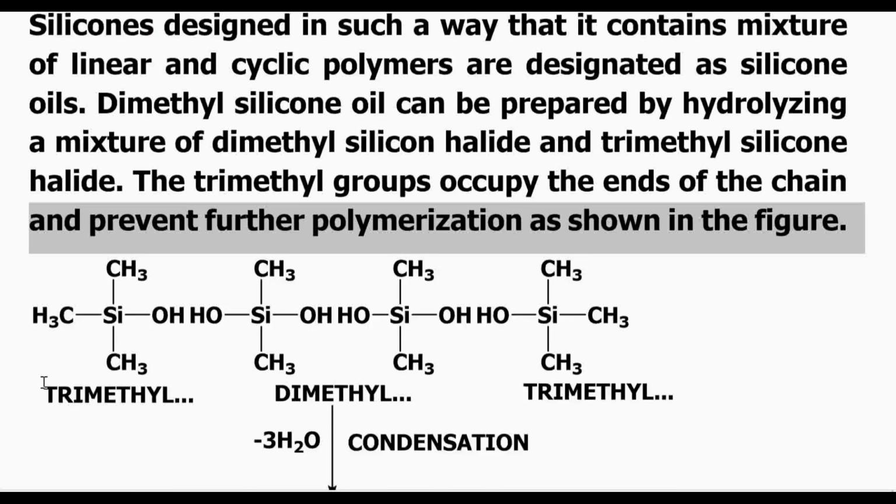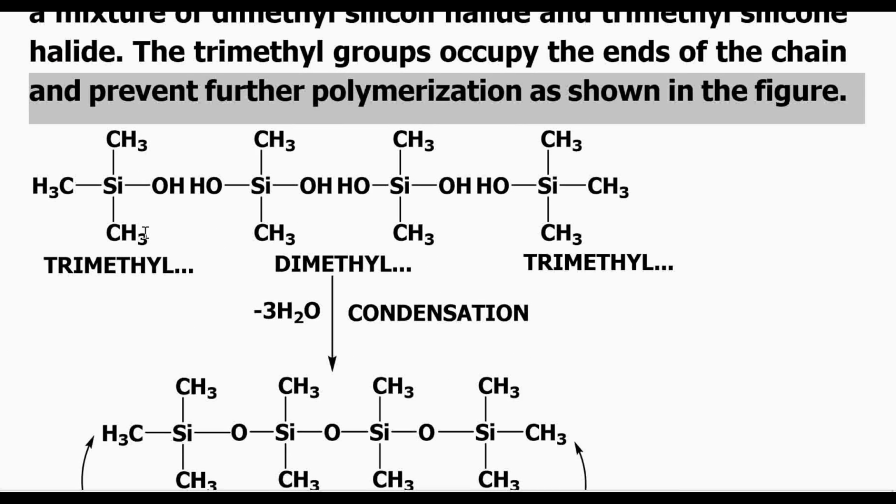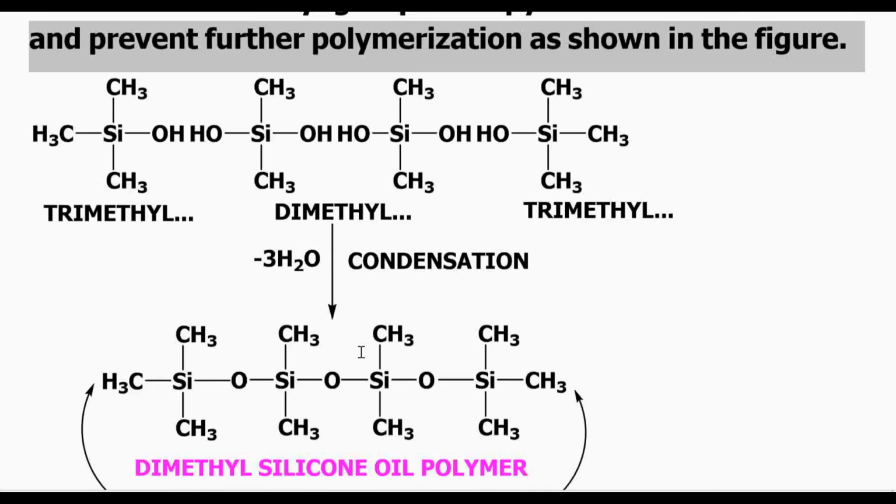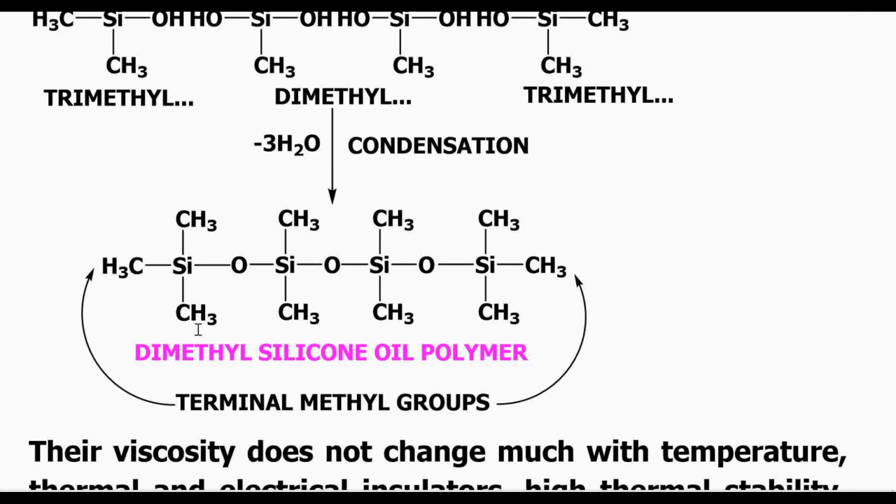See, if you take a look at the reaction, you have a trimethylsilanol and then two molecules of dimethylsilanol and yet another molecule of trimethylsilanol. So on both the ends you have trimethylsilanols and you are performing the condensation polymerization, and what you obtain is a polymer where the ends are occupied by trimethyl groups.